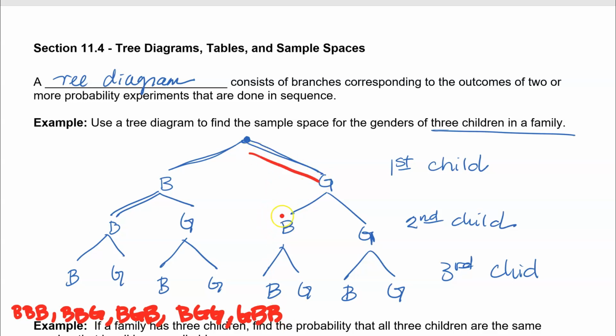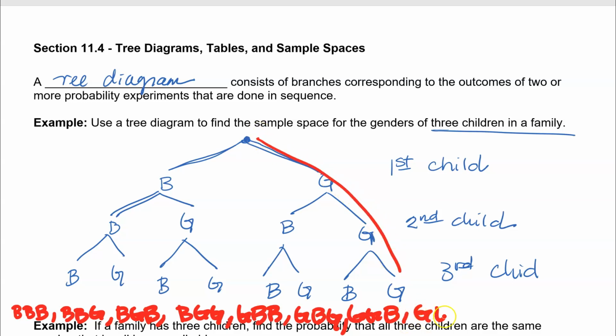They could have girl, boy, girl. They could have a girl, girl, boy. Or they could have a girl, girl, girl. So there are 8 different outcomes. You can also see that there are 8 outcomes by just counting the ends of all the branches, and there are 8 different end points here. So there are 8 different options.